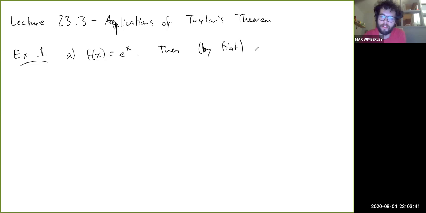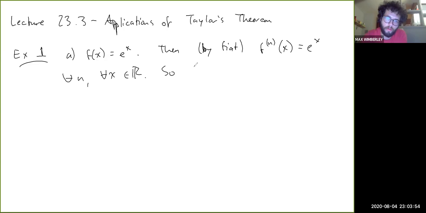So f^(n)(x) equals e to the x for all n and for all x in R. So f^(n)(0) is just 1 for all n, right?